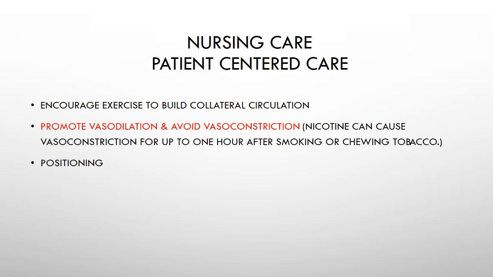So you want to explain that they should be in a warm environment, with insulated socks, and not to apply direct heat to their extremities because they could have a risk of burning themselves, just like with diabetic neuropathy.